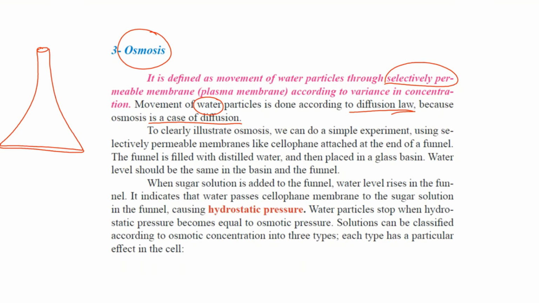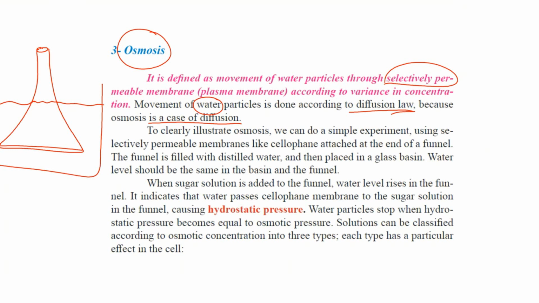The funnel is filled with distilled water up to this level, pure water. Then we place it in a glass basin. The water level should be the same in the basin and the funnel, because both contain distilled water, pure water, 100%.